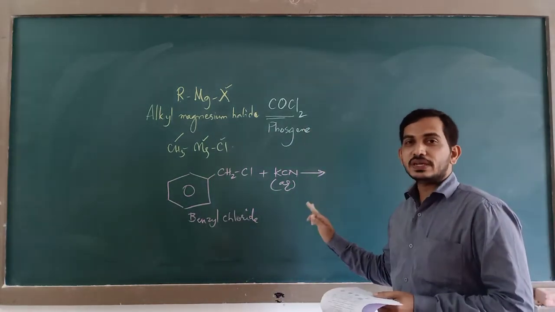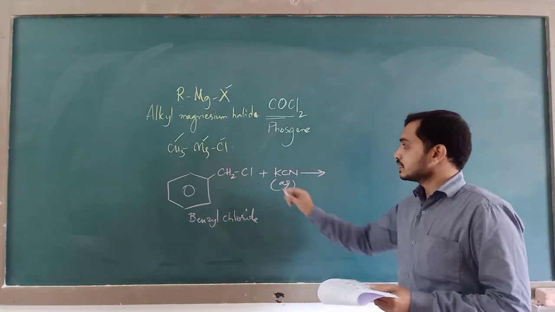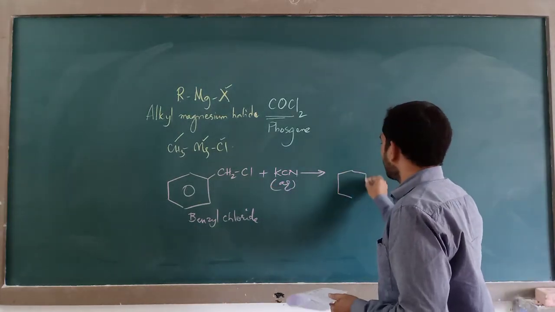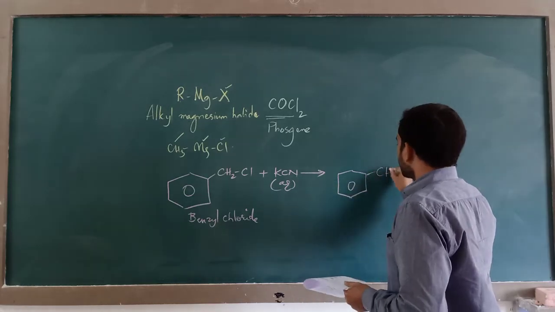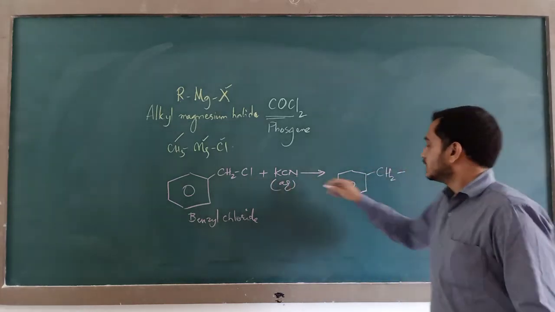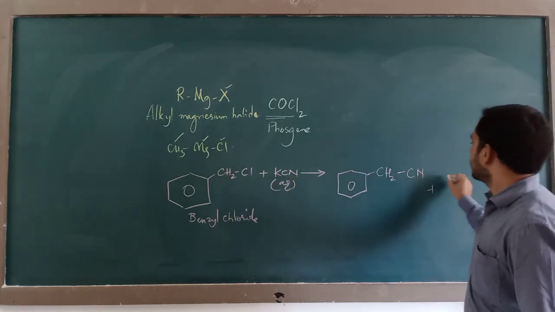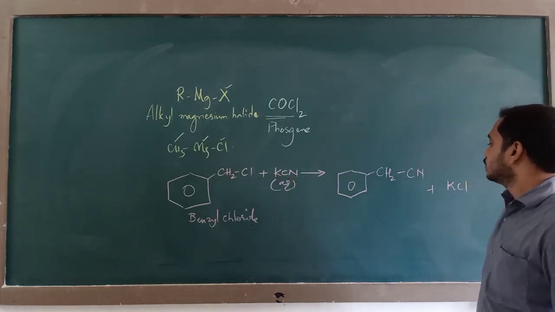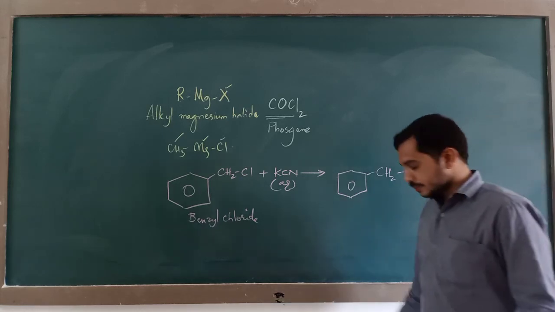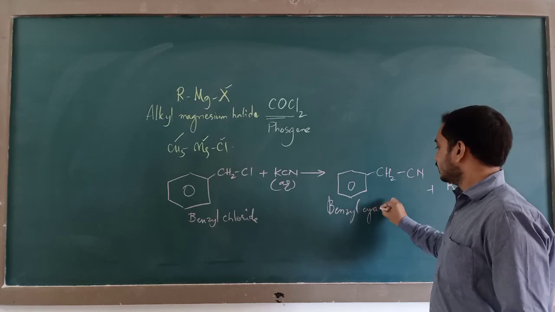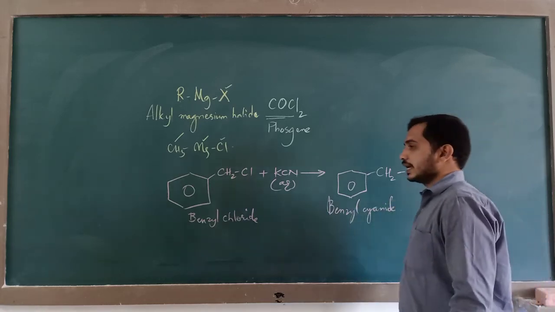It is just a simple substitution reaction. Substitution in the hydrocarbon part. What is the product obtained? This should be your product obtained. CH2 as it is, in place of Cl, CN appears, and in place of CN, Cl appears, KCl. So this is the easiest substitution reaction to give you benzyl cyanide. Benzyl cyanide is the product.